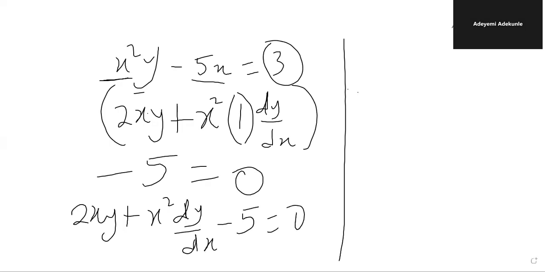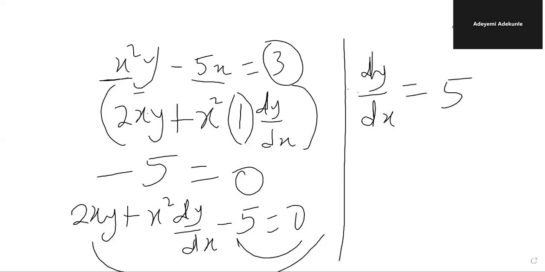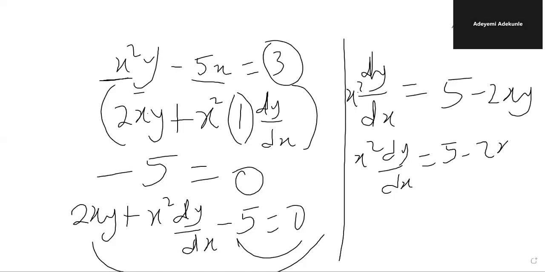From this, I just have to make dy dx the subject of the formula. So x squared dy dx equals, this 5 can come here, that will be 5, then 2xy can also come here, that will be minus 2xy. Don't forget we still have our x squared here. So x squared dy dx equals 5 minus 2xy.